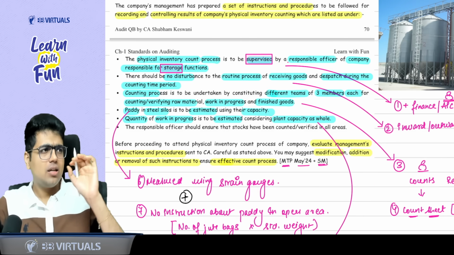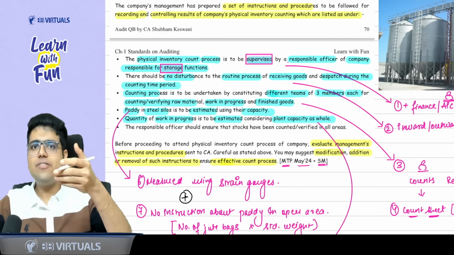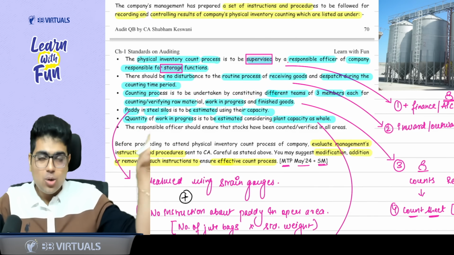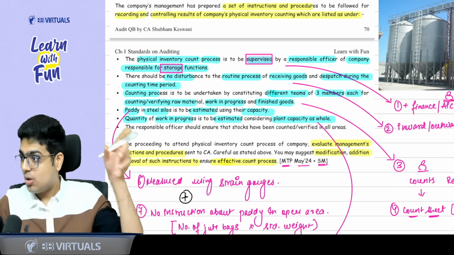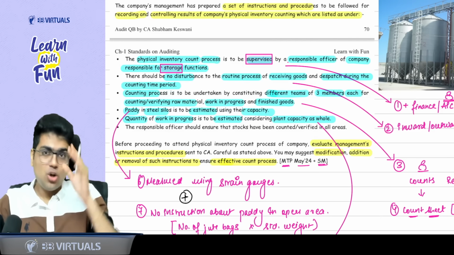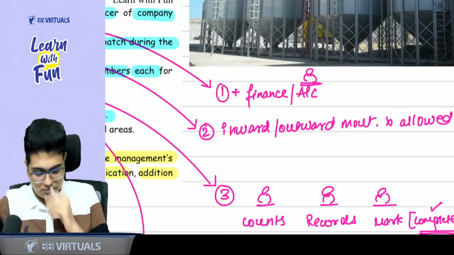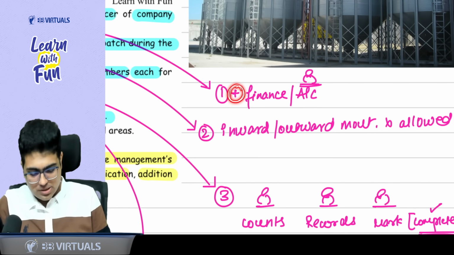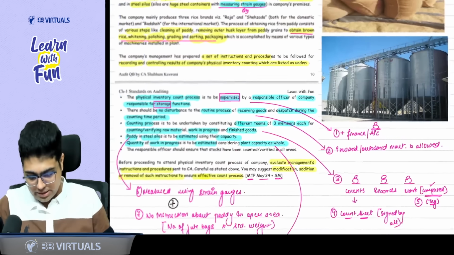Please tell me, the person who is responsible for storage, should he count the inventory or should someone from the accounting department also be involved? Sir, someone from the accounting department should also be there, not only the person who is taking care of the storage. So the first point you write here, along with the storage person, someone from finance and accounts should also be there. Got it, sir.